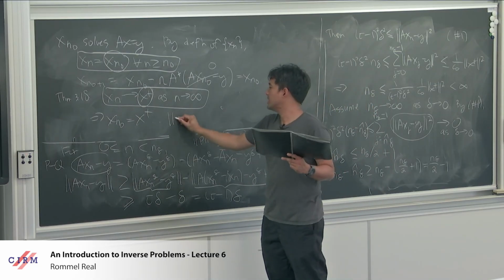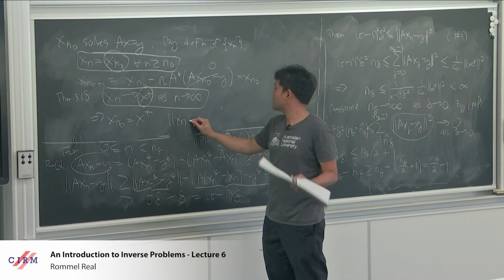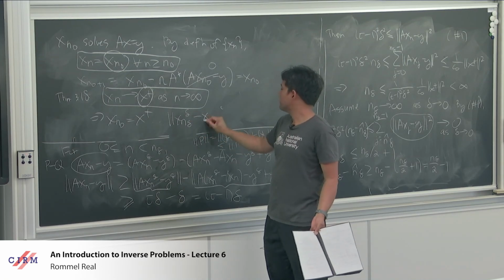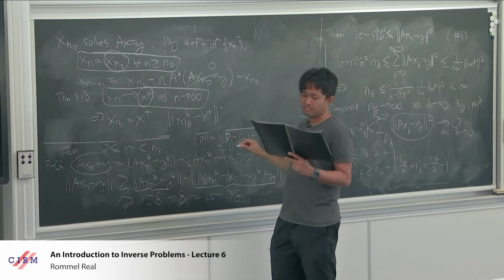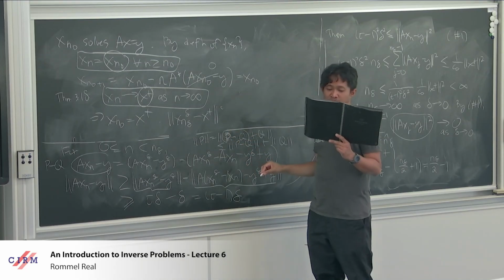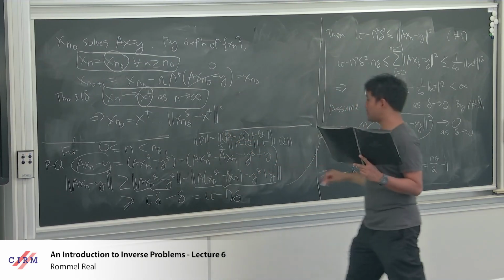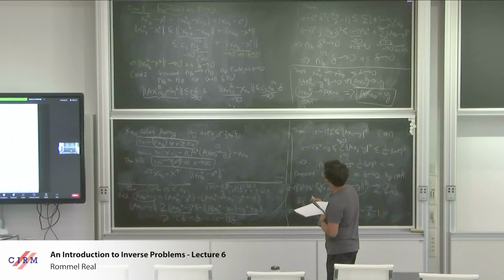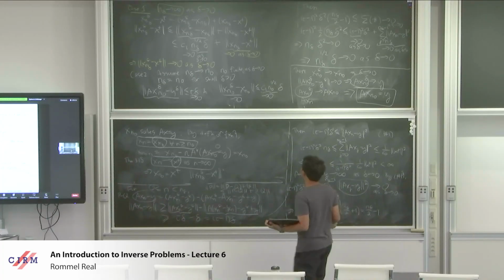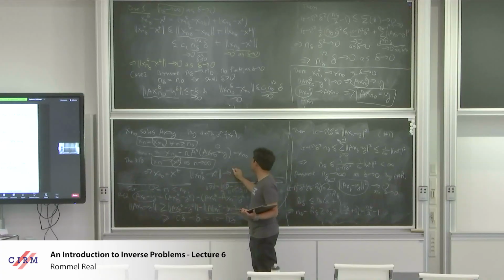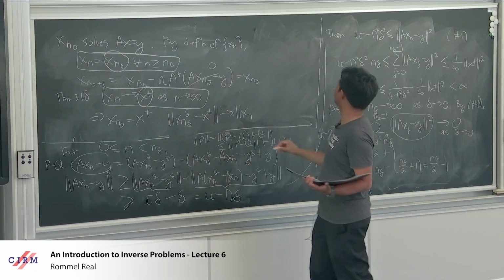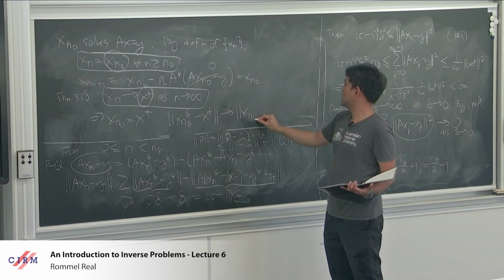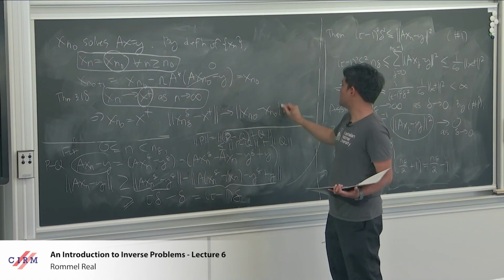That means the regularized solution, x sub n delta, minus x dagger approaches, where was that result again? This one approaches x sub n O minus x sub n O, which is 0.